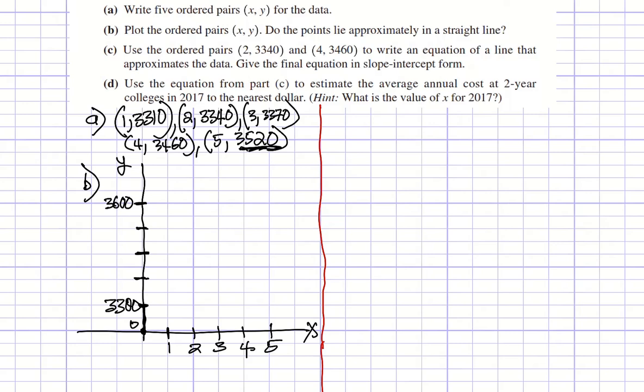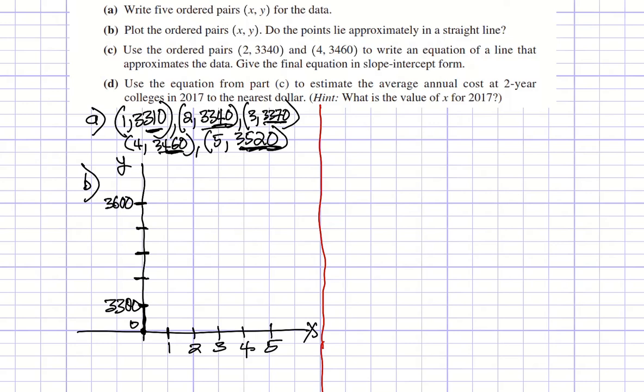So from here to here, how many units do we want it to represent? We want it to represent what, 1000? If that's 1000, then that's too much. Let's see, 3310, 3340, 3370, 34. Okay, so let's start from the top.